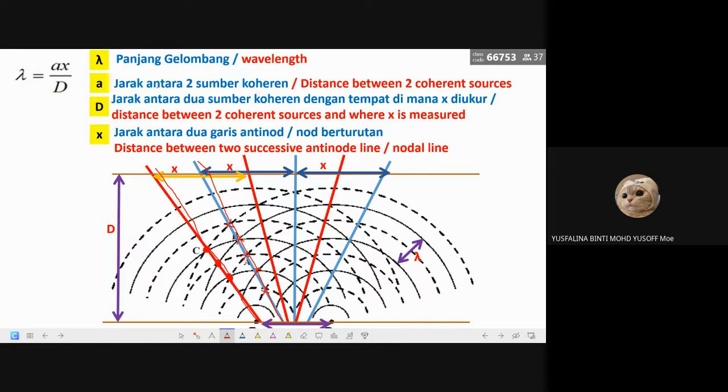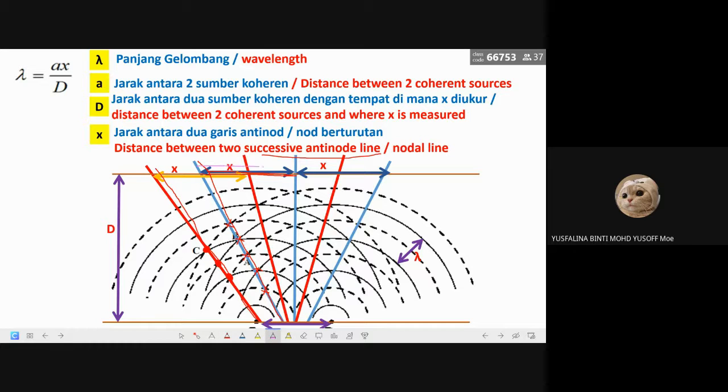So what is X? X is the distance between two successive antinode lines. You can take antinode to antinode or nodal to nodal. If I take antinode to antinode, antinode is where all the constructive interference occurs.